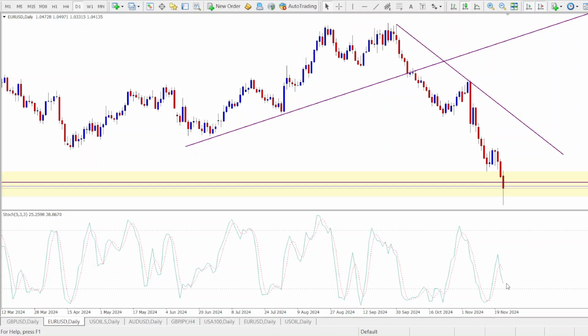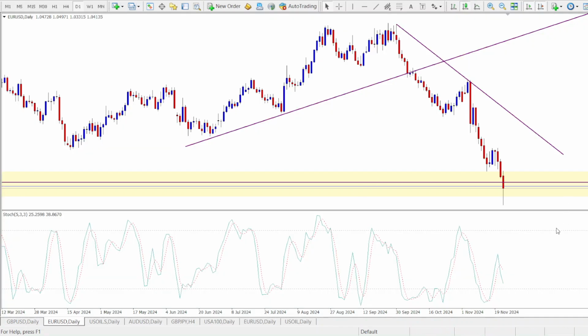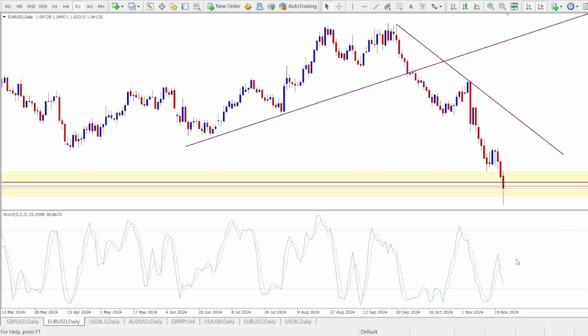We can see that the oscillator is already close to the oversold territory, in as much as here it is showing us that it is at the 60.7 level. But remember that the stochastic depends on the particular settings of the stochastic. But now we can just watch out for possible entrance into the oversold territory and then a bullish crossover. Then perhaps we watch out for the price reaction around this support zone.